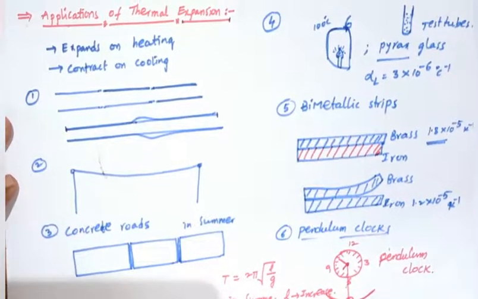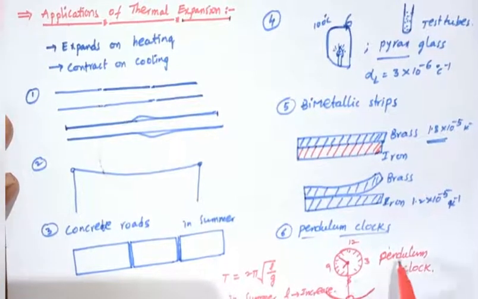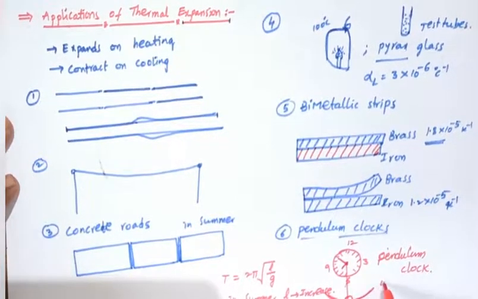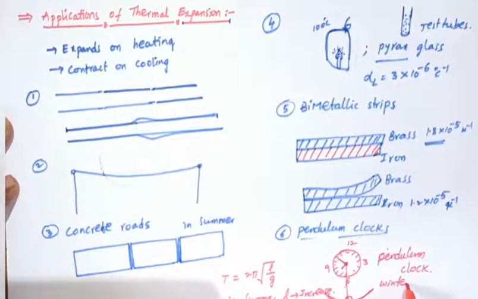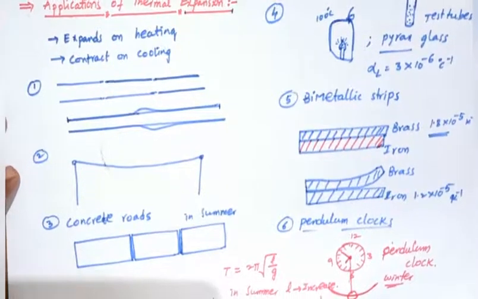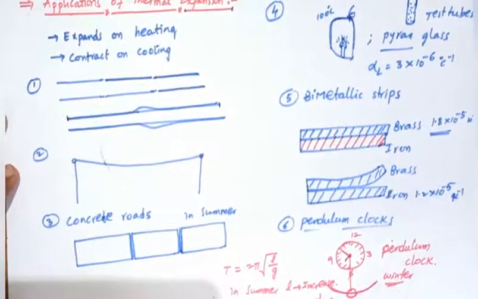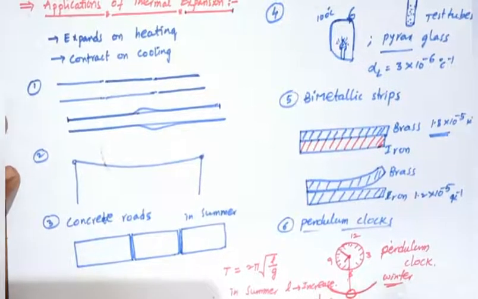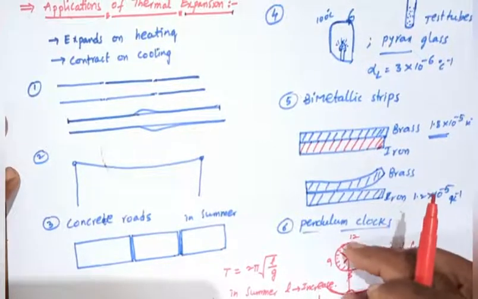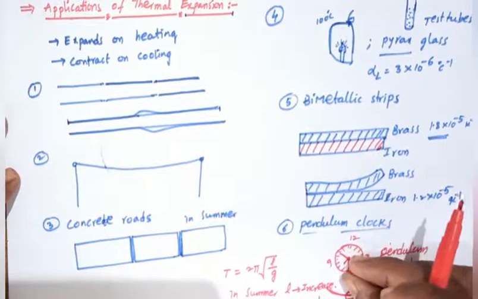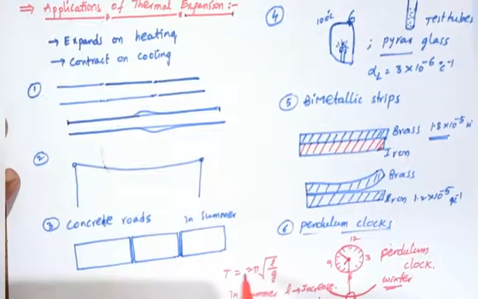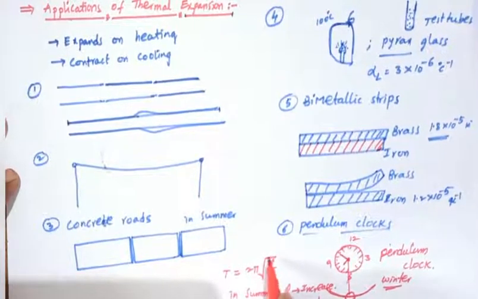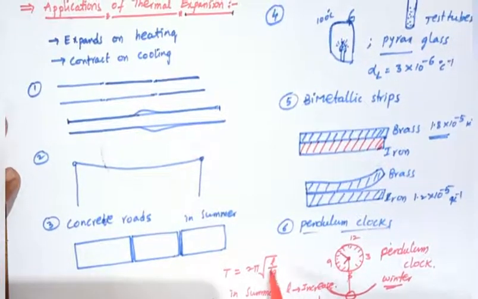Similarly, in winter season the temperature decreases. When the temperature decreases, the pendulum contracts, that means the length decreases.